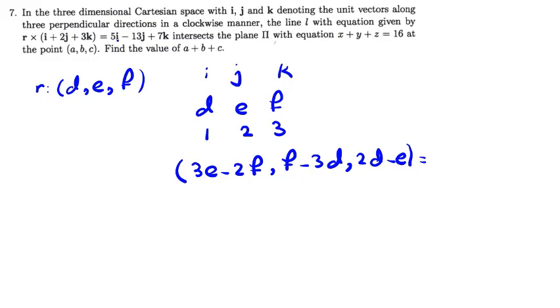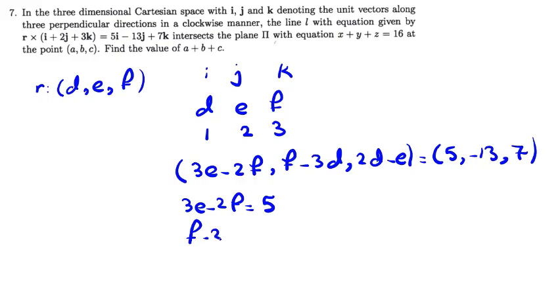It equals 5, -13, and 7. So we write three equations with three variables here: 3e - 2f = 5, f - 3d = -13, and 2d - e = 7.